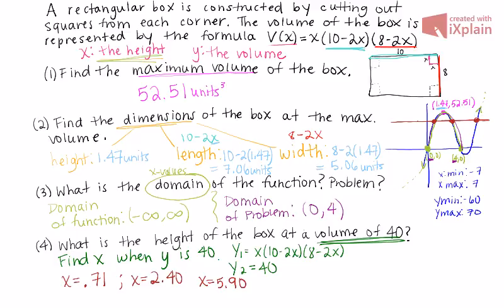So looking, 0.71 is in between 0 and 4, so this one is good. 2.4 is also in between 0 and 4, so this one is good. But 5.9 is definitely greater than 4, so this is not part of the domain, so that does not work for this problem. So possible heights for this box at a volume of 40 are 0.71 units and 2.4 units.